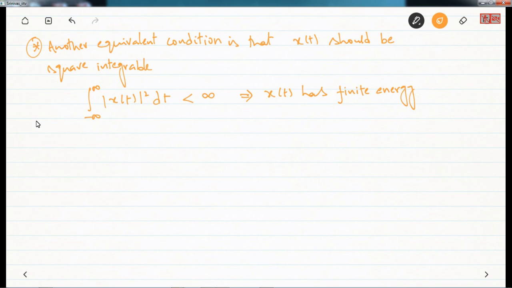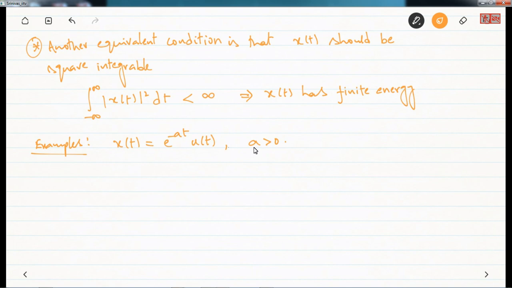So with that, let's consider some examples. Let's consider x of t equal to e power minus at u of t, for a greater than 0.